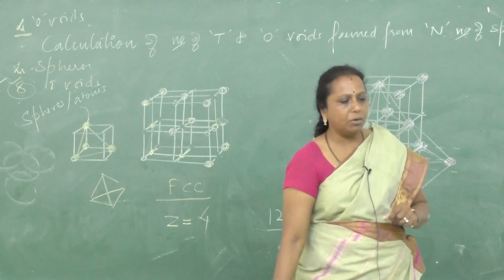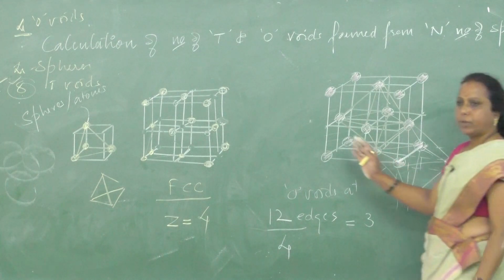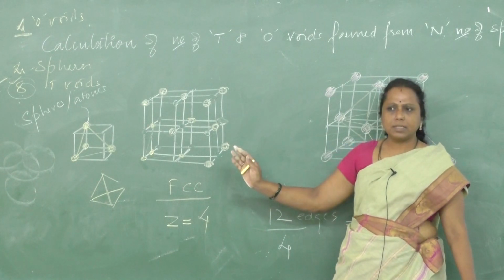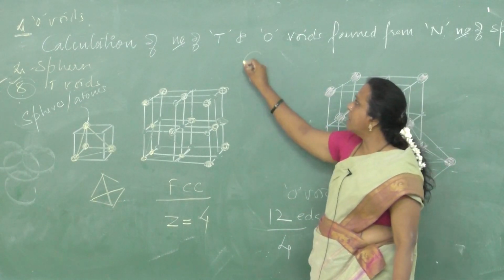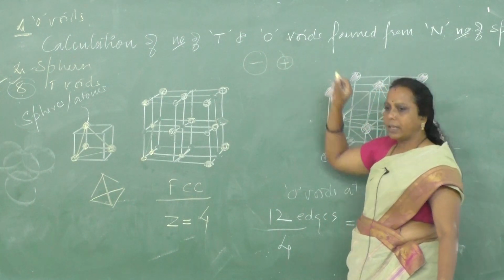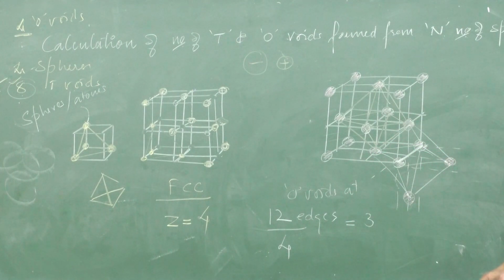Okay, next part on page number 16: formula of a compound and number of voids filled. Whenever this kind of lattice is obtained by using spheres, if there are 2 types of particles, one anion and the other cation, anions are always bigger in size compared with cations, because anions are formed by the addition of electrons, and cations are formed by the removal of electrons.